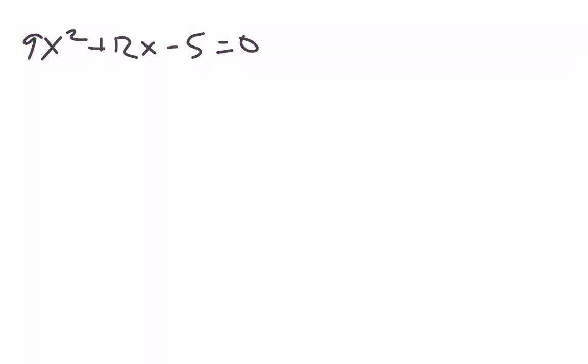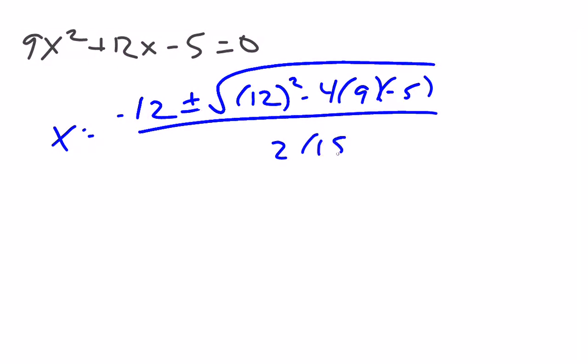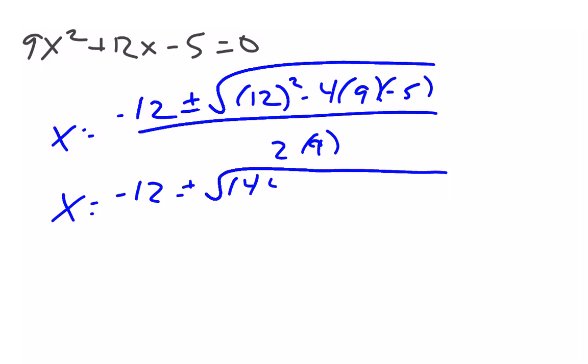Last one. X equals opposite b plus or minus square root b squared minus 4ac all over 2a. Whoops, I was already multiplying that one. So negative 12 plus or minus the square root of 144.